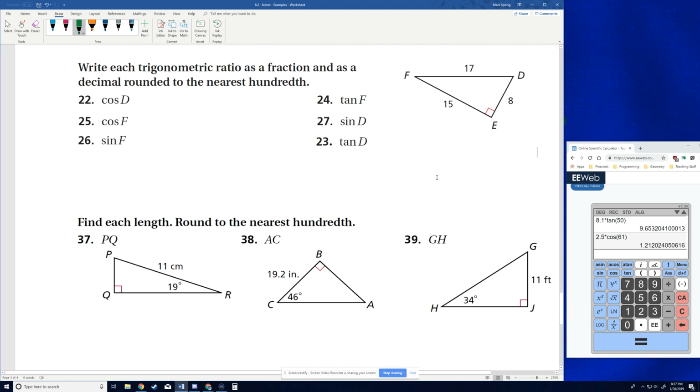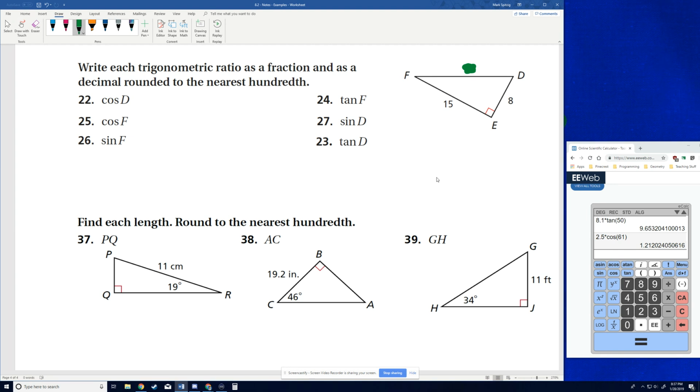Looks like more of the ones from the top here. Each trig function is a fraction. Okay, so cosine, again, just as a side note, if I looked at this triangle and we did not have this right here, I could deal with this triangle. If I was trying to write cosine from D, I would need the adjacent 8 and the hypotenuse, which I don't know. I wouldn't put a variable here, because I can find out what it is.